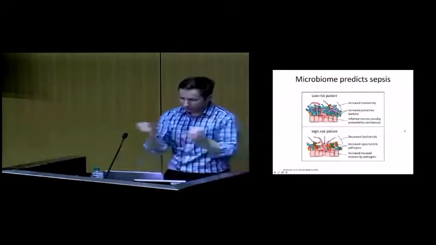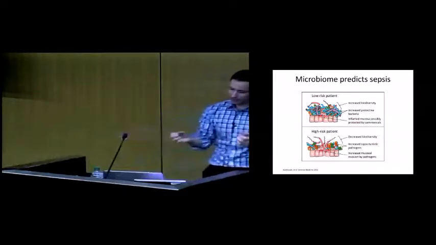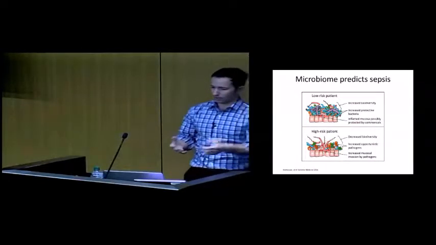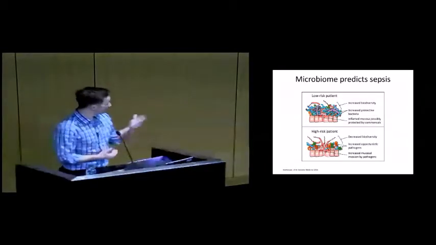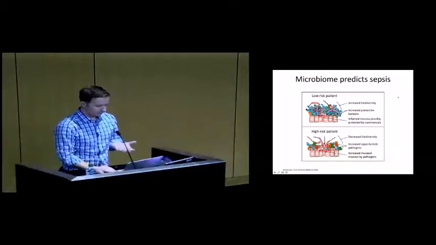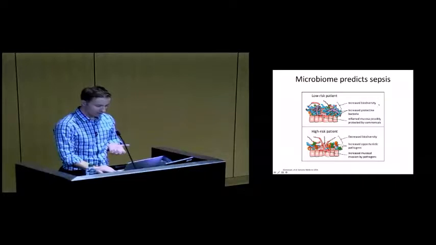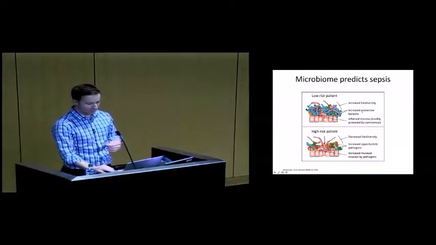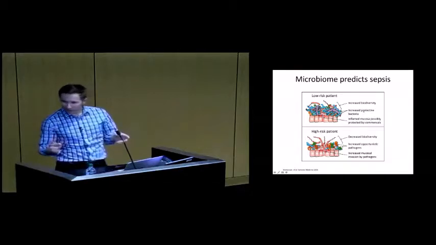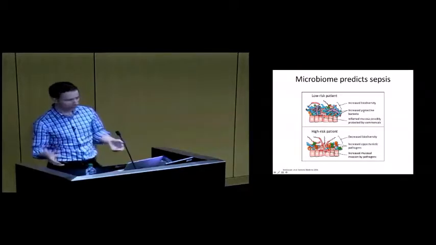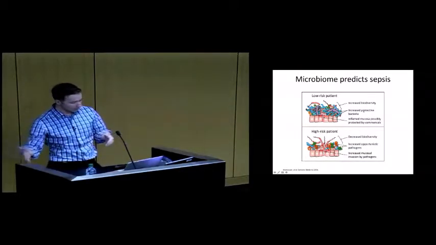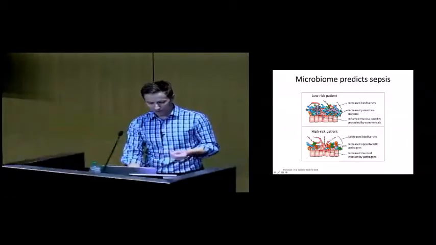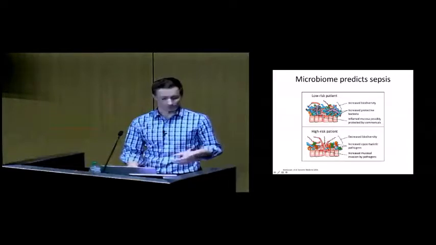If we look under the hood at what microbes there are and what the panel looks like, this is basically the outcome. Low-risk patients tend to have more biodiversity. High-risk patients have less. Low-risk patients have more protective bacteria that we see being associated with health in other studies. And the high-risk patients tend to have more opportunistic pathogens.